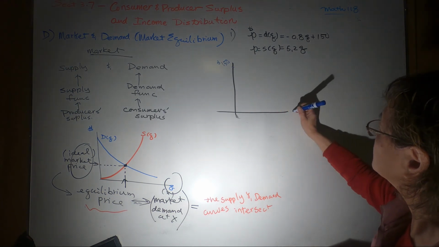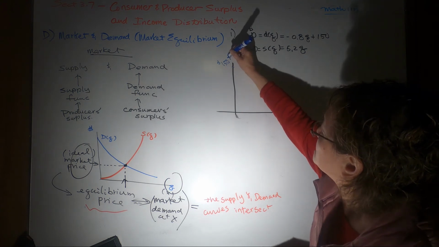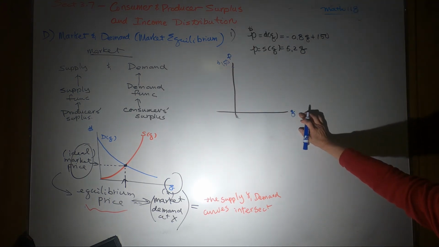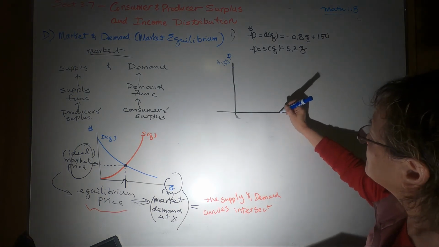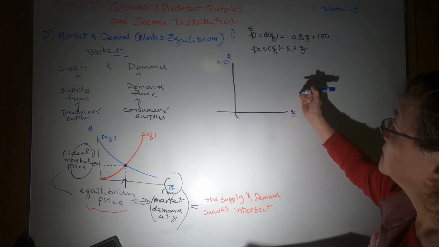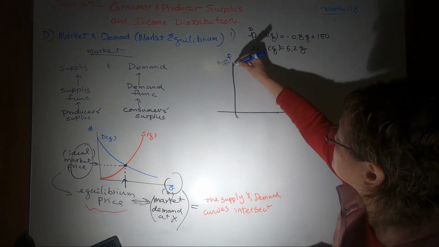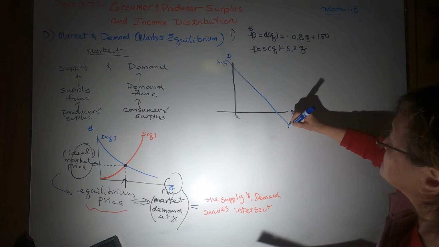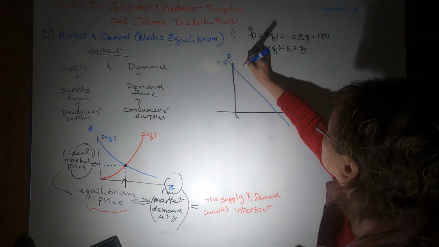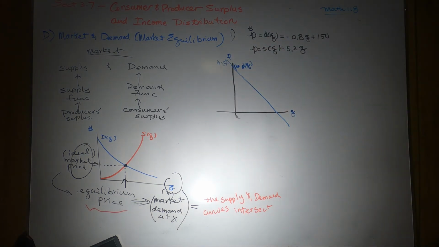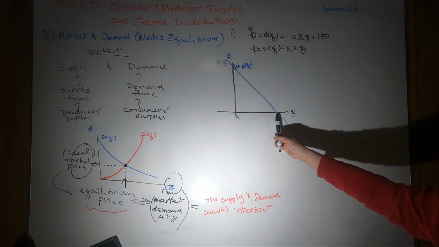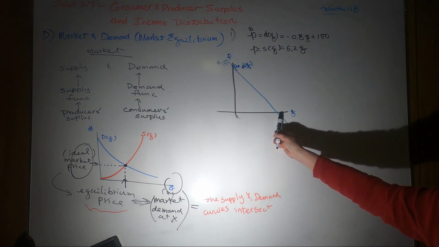This is your Q, that's your P. When the price is 0, then you have some demand here. So you can just graph it like this. That's your demand, P equals this, right? That's the demand function. If the price is 0, that's how many people would like to have the product.